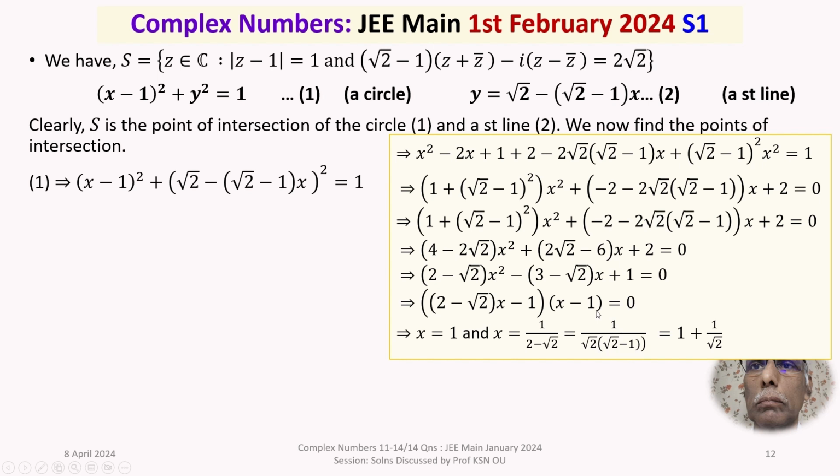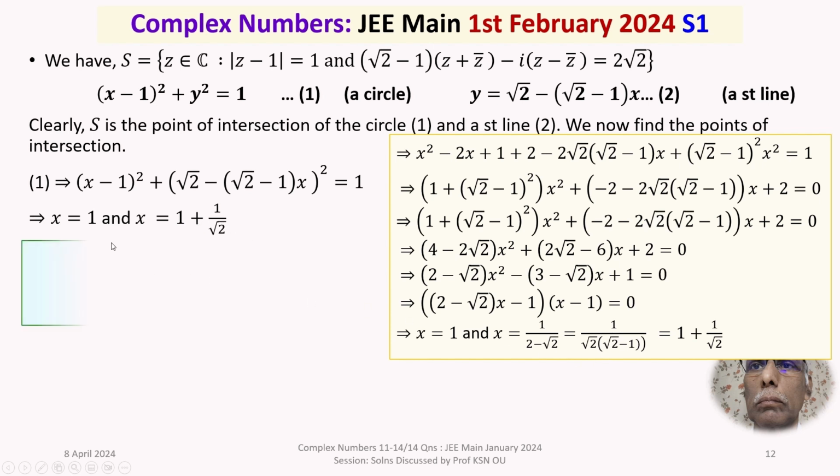Now rationalize, you get (root 2 plus 1) by root 2, that is 1 plus 1 by root 2. Agreed. So x is equal to 1 and x is equal to 1 plus 1 by root 2.